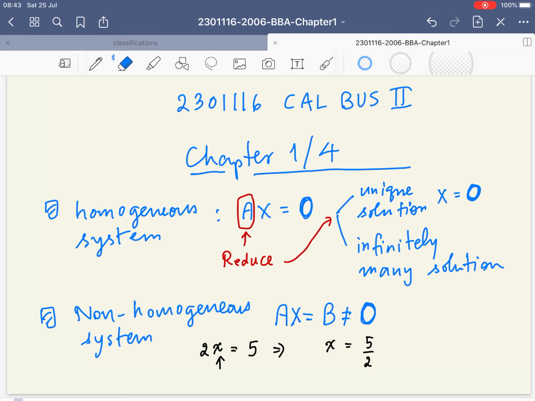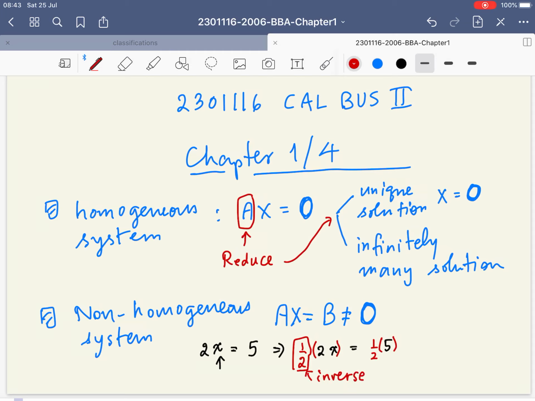However, the way you move it like that, actually you have passed one process. As you have this equation, you multiply this side by 1/2 and also the right hand side by 1/2, and this 1/2 is called the multiplicative inverse of 2, so that the inverse of A multiplied with A itself goes back to the identity, which is 1.